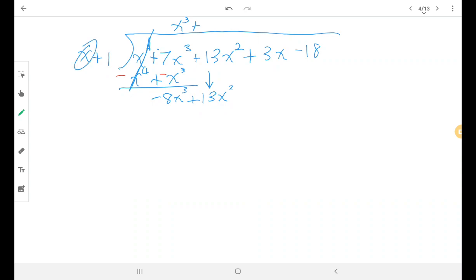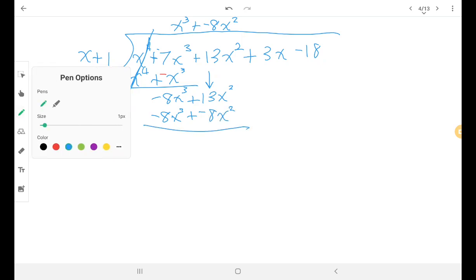Now I got to multiply by this to make this. So negative 8x squared times x will give me negative 8x cubed. So when I multiply that through, I'll get negative 8x cubed plus negative 8x squared times 1 is just negative 8x squared.